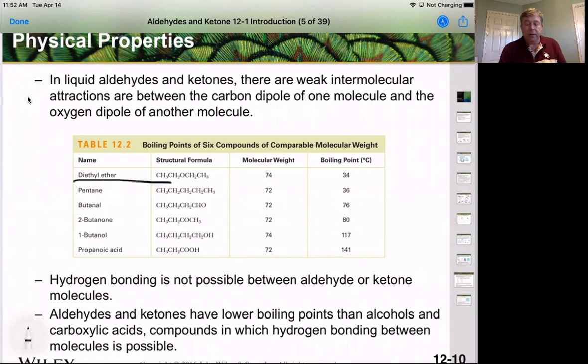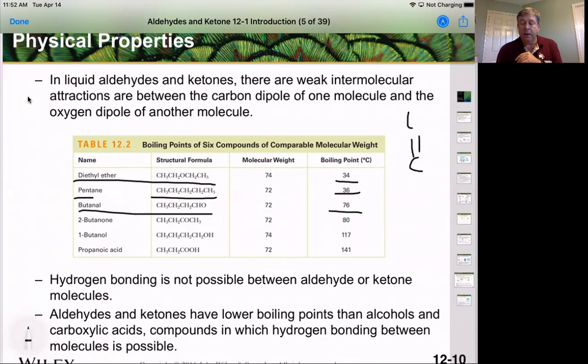If we look at ethers, we have a little bit of a polar bond there because it's bent right here, and we have a boiling point that's fairly low, around 34. If we look at the hydrocarbon, which has almost no polarity to it, it's about the same, having a boiling point of around 35, 36. Just by adding the carbonyl in the form of an aldehyde here, we almost double the boiling point because we have that polarized bond of the carbonyl giving us our dipole interaction right here.